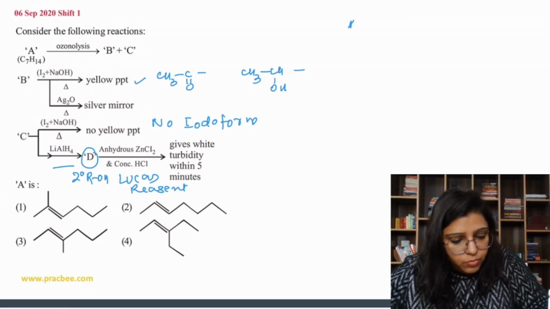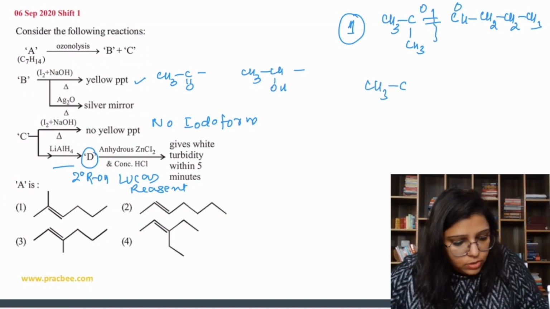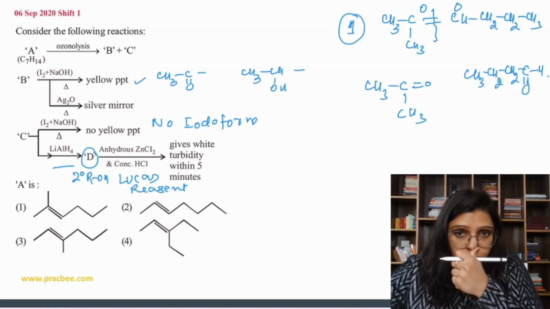If we look at option number 1: CH3, C, CH3 with a double bond, then CH, CH2, CH2, CH3. Just break it. So we get CH3 C double bond O CH3, and here we write CH3 CH2 CH2 C double bond O H. Understood?